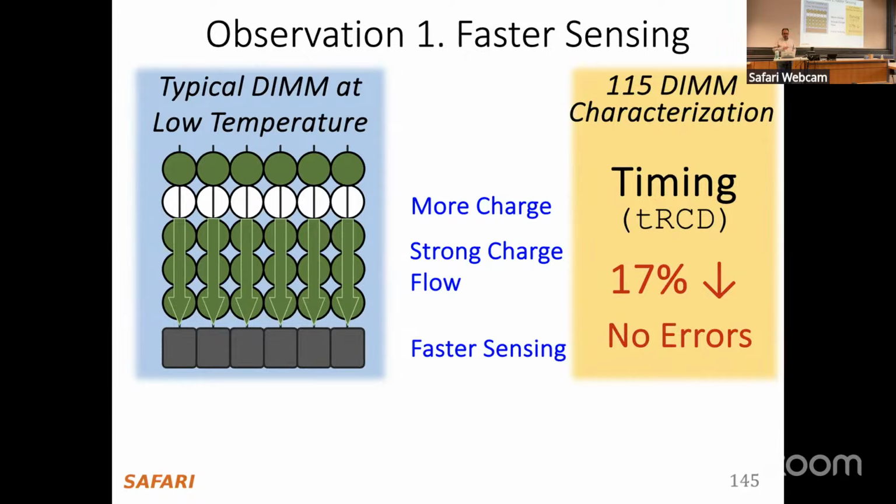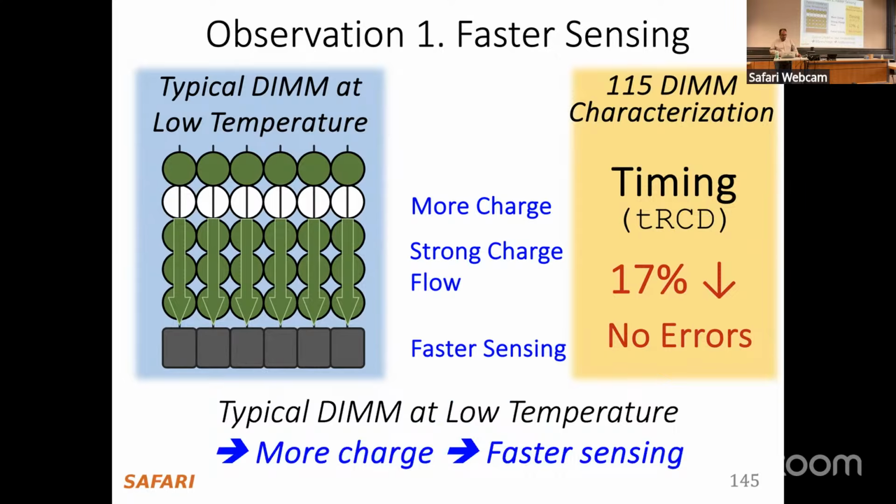If you pick each DIMM separately, which we have the data for in the paper, some DIMMs can reduce the timing by maybe 40%, 50%, and some less, but on average we have this 17% reduction in tRCD without any errors.